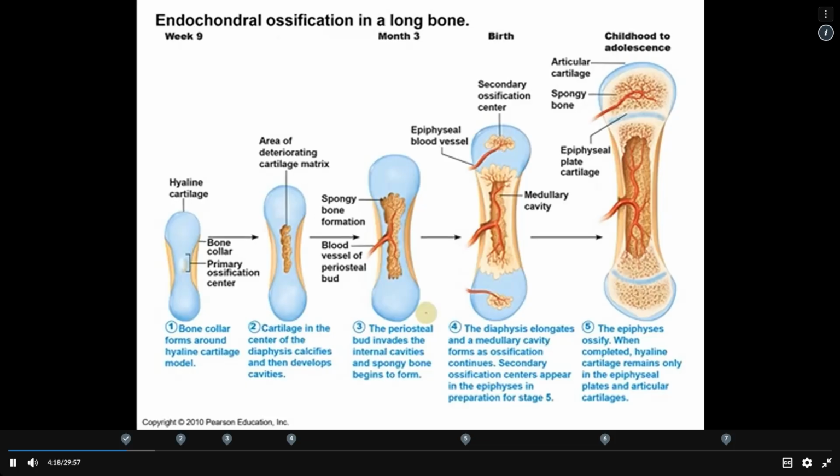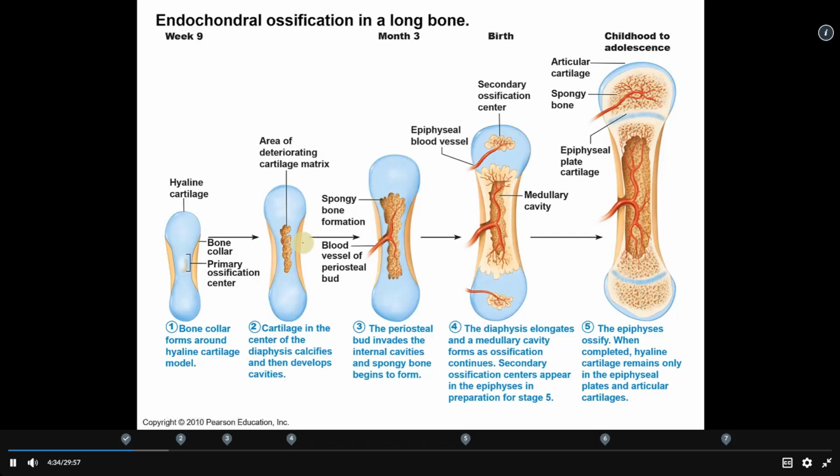So there are a couple of steps, and in this picture we're going to look at a long bone. Now, anything that's in blue is supposed to represent hyaline cartilage. Anything in tan here is supposed to represent osseous tissue and bone.